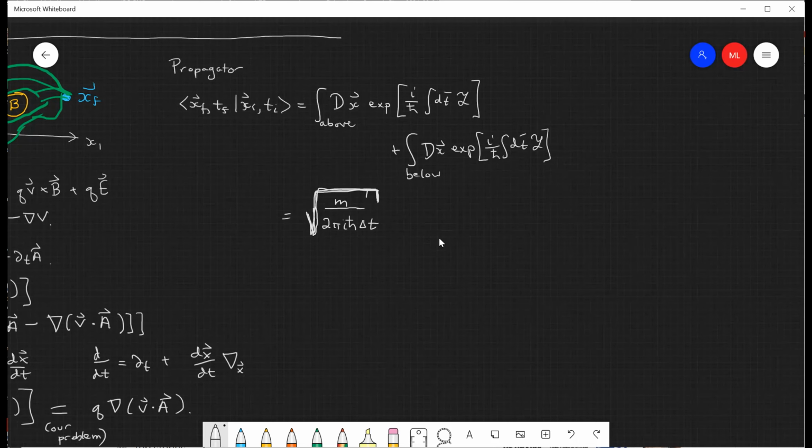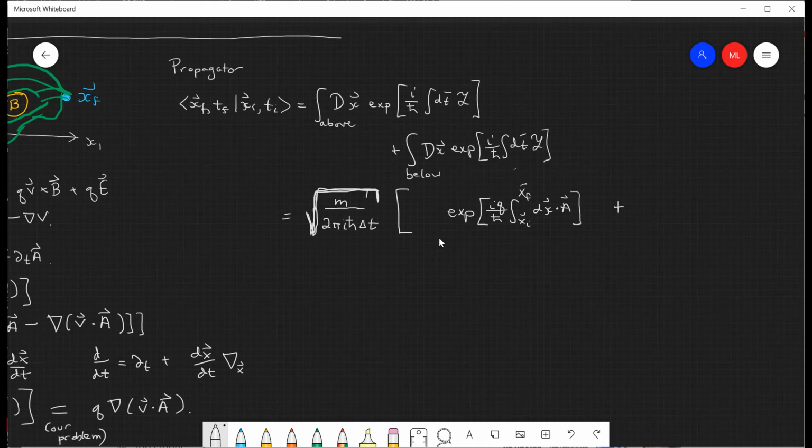And so what do we know? We know that for each one, there's going to be a factor as follows. There's going to be an exponential of iQ over h bar of the integral from the initial location to the final location of dx dotted into A. And this is going to be over paths that go above the cylinder.